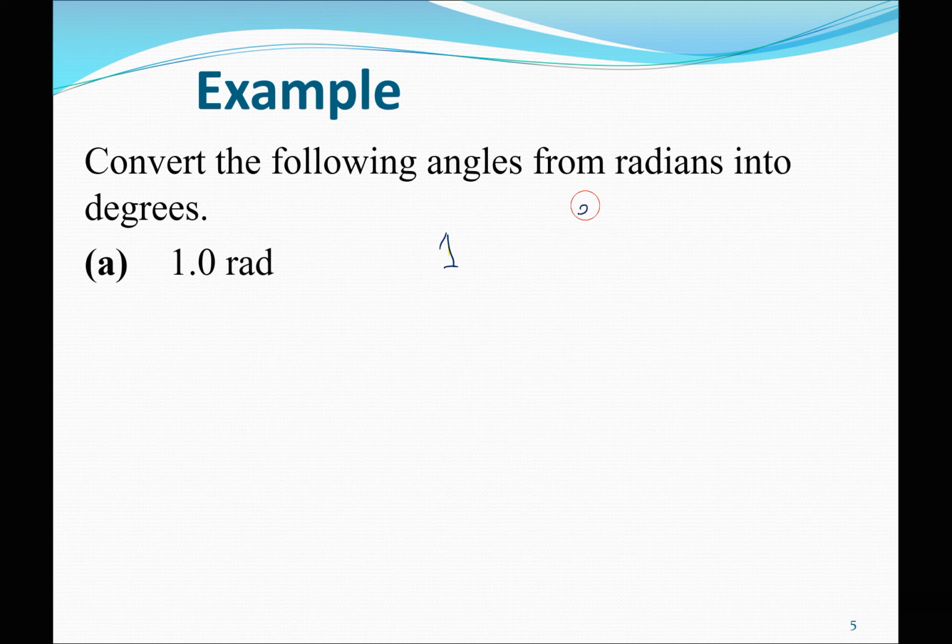we know that 2 pi radians is the same as 360 degrees. So you want 1 radian, so I divide this side by 2 pi. So it means 1 radian is the same as 360 degrees divided by 2 pi, or it is the same as 180 divided by pi in degrees.